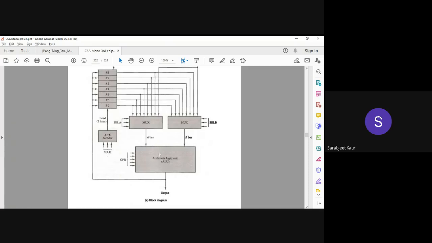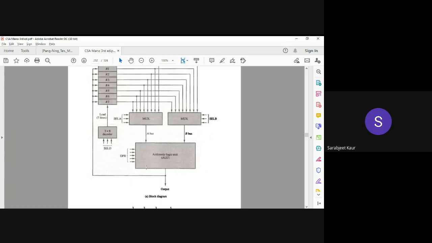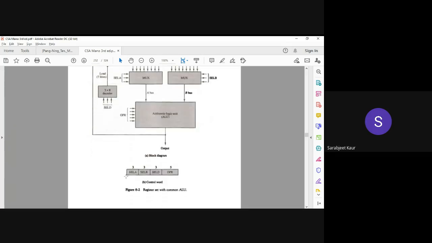And they will tell you, either, that it only supports 4 operations. So how many bits will you put in the OPR field then? Only 2. So it will be 4, 4, 4, and 2 then. So this will be the construction of the control word.